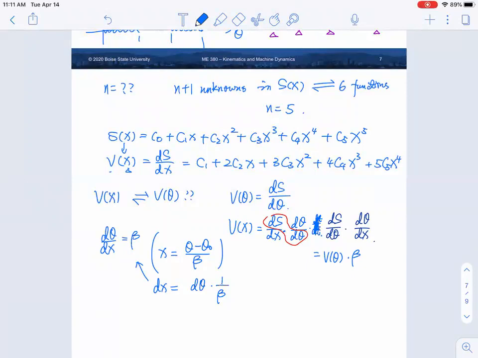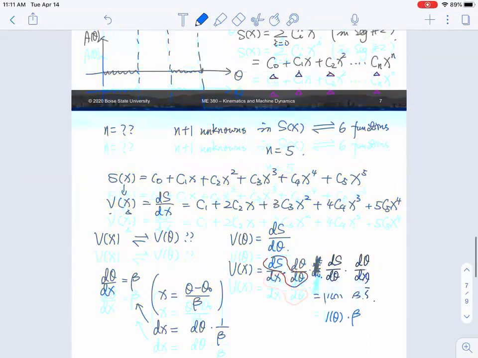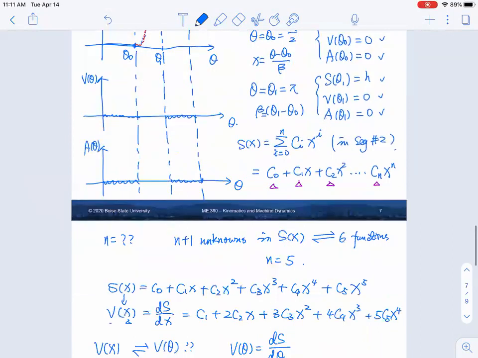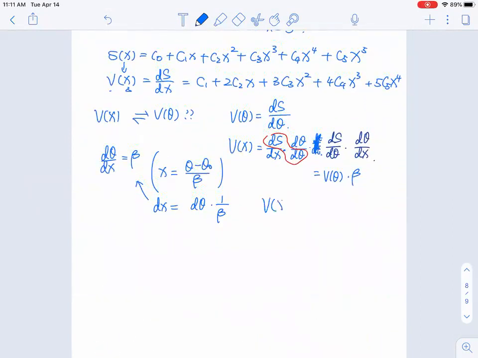All right. So in this case, we know that your Vx equals V theta times beta. But the good news is all the velocities are 0. So that means Vx at 1 equals V theta at theta 1 times beta, which is 0.